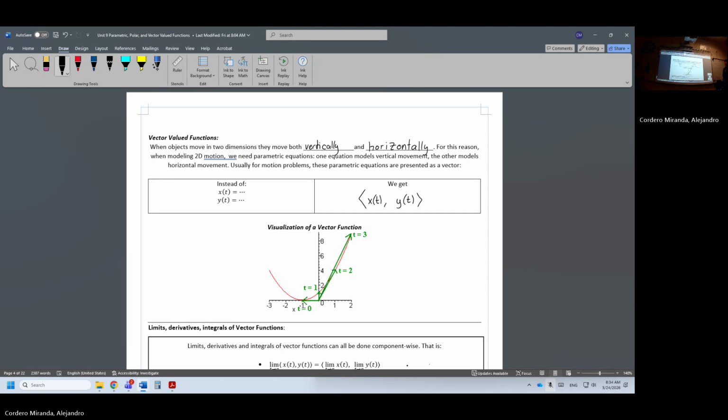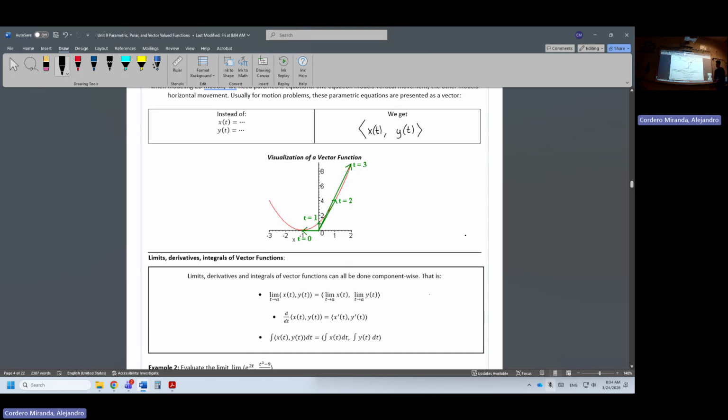Cool. Okay, then I looked up on the internet a visualization of a vector function. I don't know if this will help you or confuse you more, because you're totally safe to just think of the actual graph itself. But what this is saying is that for a vector function, instead of thinking of this point as just a point on the graph, you think of that point as a vector going from here to there.